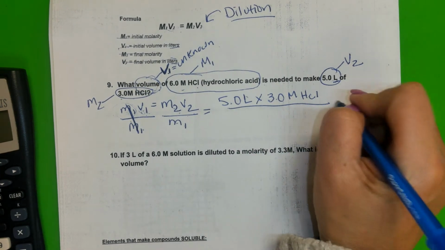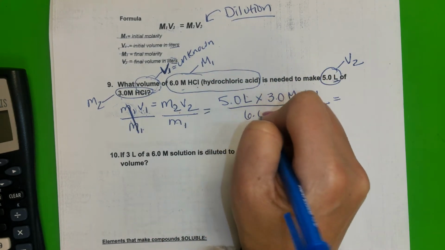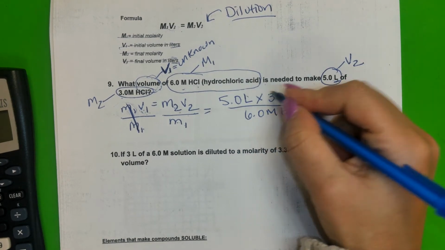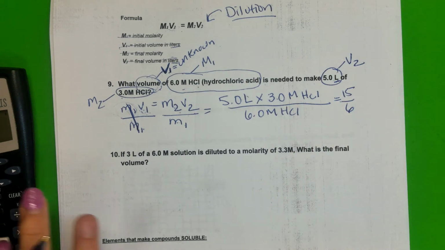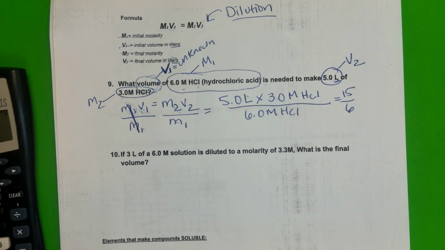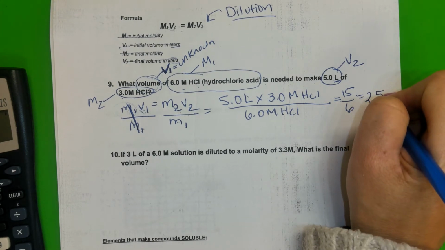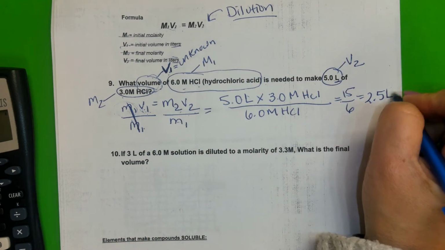Then the bottom would be M1, which is 6.0 molarity of HCl. So 5 times 3 is 15, divided by 6, which is 2.5. Since we're solving for V1, that will be 2.5 liters.